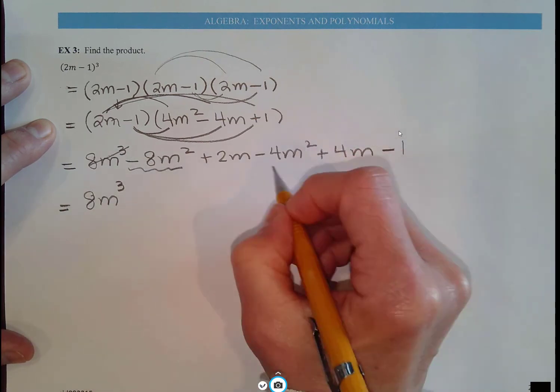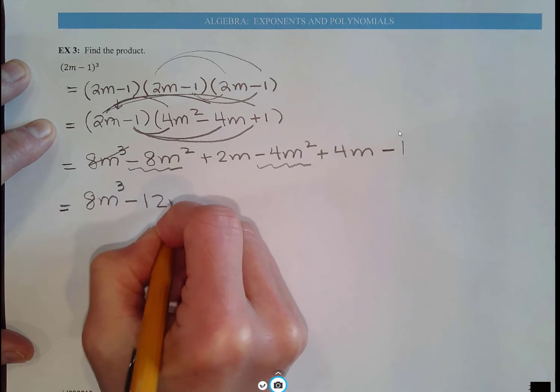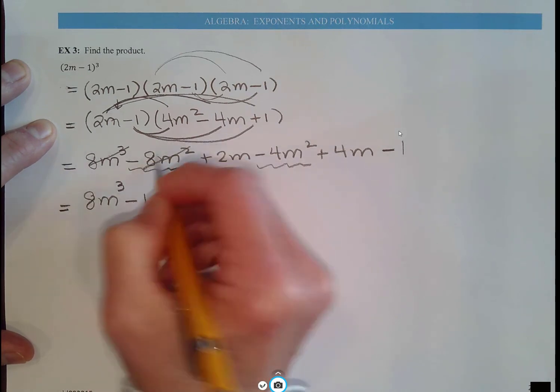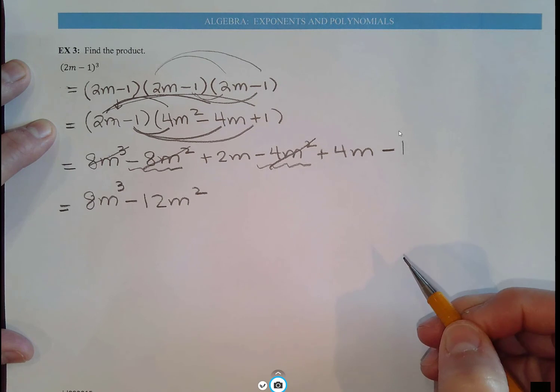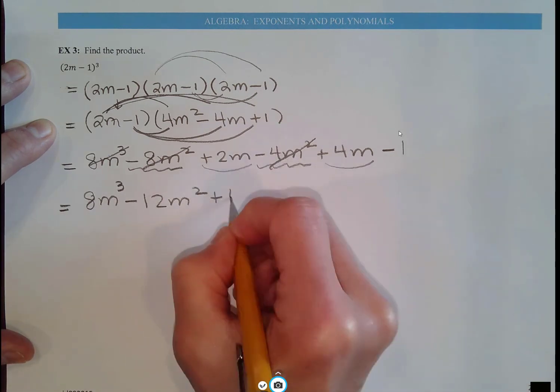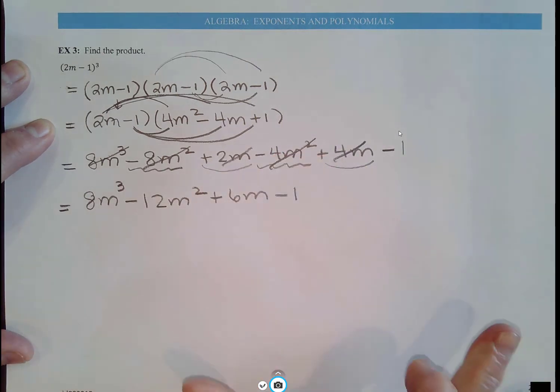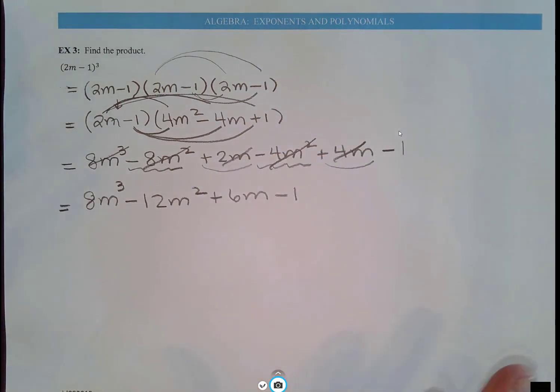Negative 8m squared minus 4m squared combined to minus 12m squared. 2m plus 4m combined to 6m. And we've got our last term in there, minus 1. Okay, stop here. There are no other like terms to combine.